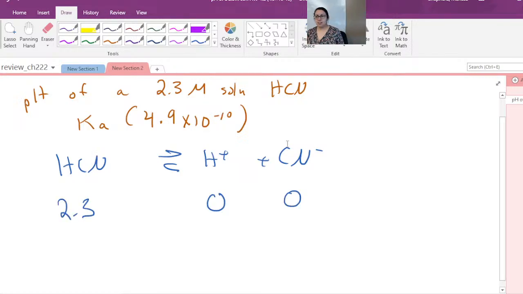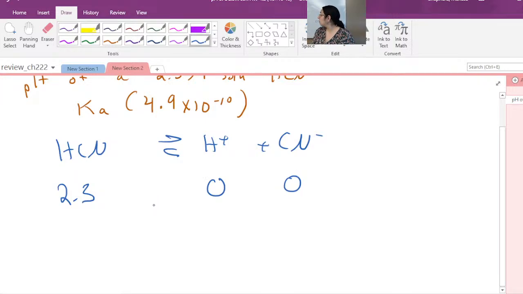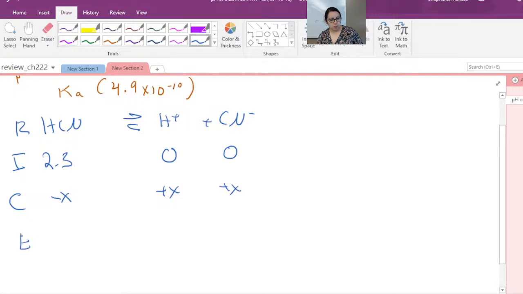So, I have the reaction, and then the 2.3 starting at the HCN, and then negative x, and then 2 positive x's, and then that makes this one the 2.3 minus x, and those are still just x.